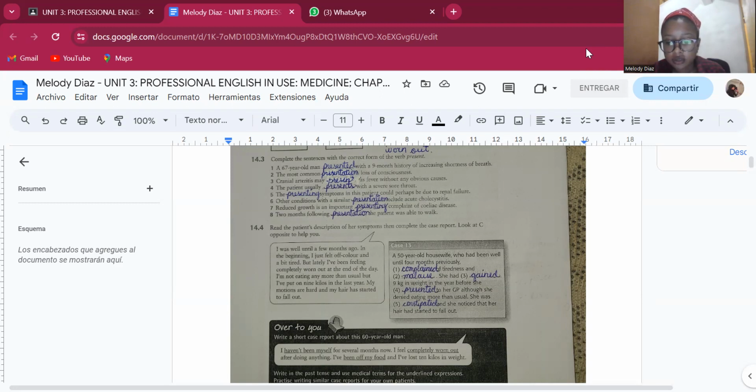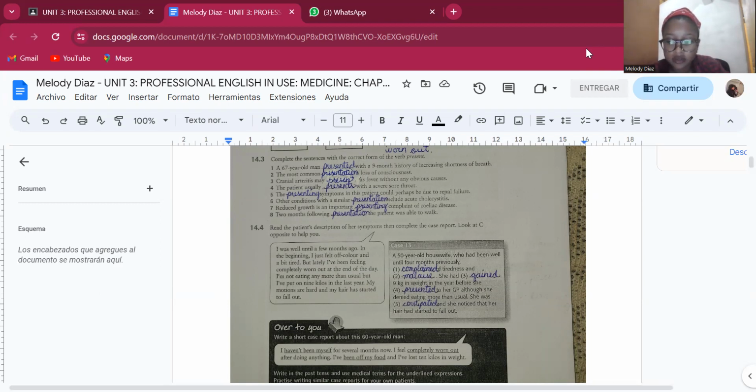Number four, the patient usually presents with severe sore throat. Number five, the presenting symptoms in this patient could perhaps be due to renal failure. Number six, other conditions with a similar presentation include acute cholecystitis.